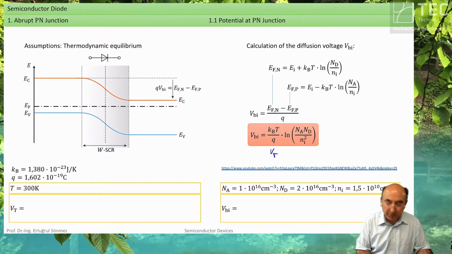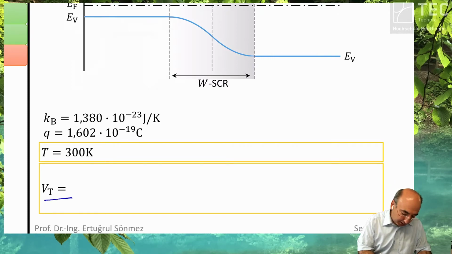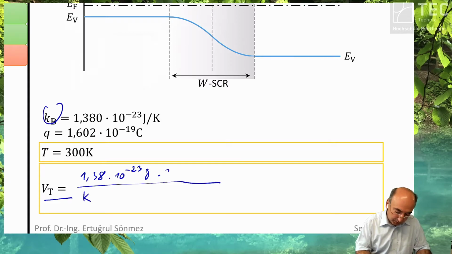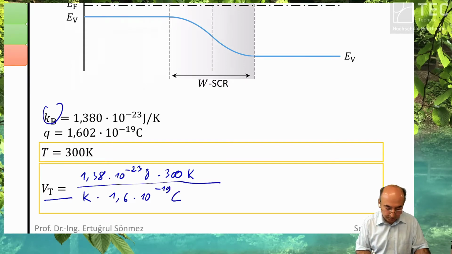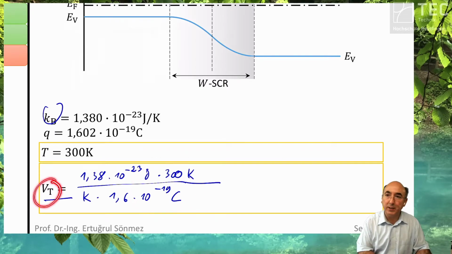I think we don't have to do that, but because we have our spreadsheet, the temperature voltage, how we do the calculation, it is kB, so 1.38 times 10 to the power of minus 23 joule per Kelvin times 300 Kelvin, divided by 1.6 times 10 to the power of minus 19 coulomb. Now I don't see any voltage because we should end up at voltage.